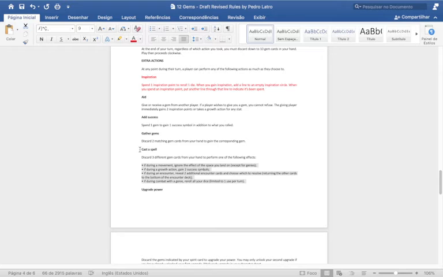But if you want to further streamline it, I would suggest maybe that discarding four different gem cards can give you one gem of your choice. Like two matching gem cards for the corresponding one, and four different gem cards for one of your choice. It's a different way of spending. It adds some interest to how to use it, but mostly it's meant for the same thing.